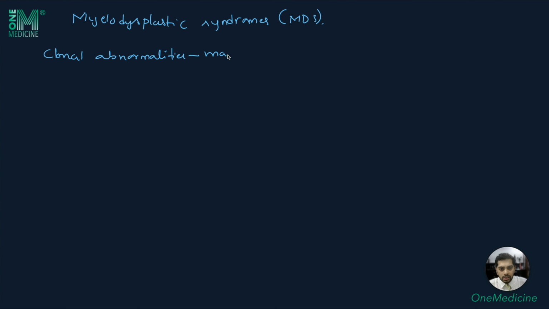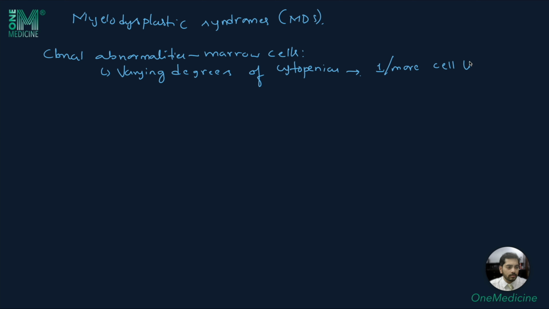Let's now look at myelodysplastic syndromes, or MDS in short. So these are clonal abnormalities of marrow cells. They are characterized by varying degrees of cytopenias, which can affect one or more cell lines.